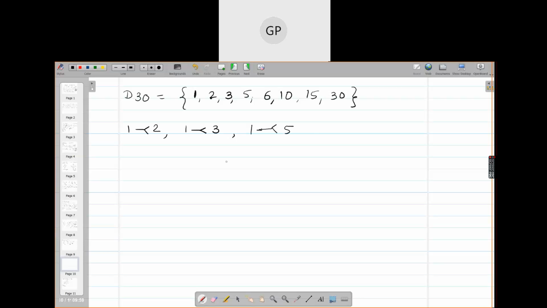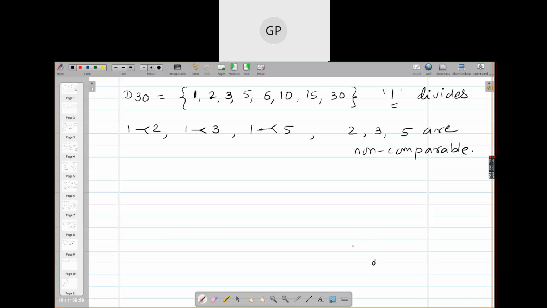What is the relation among 2, 3 and 5? Are they related to each other under the divides relation? We always define the divides relation when I say Dn. 2 does not divide 3, 2 does not divide 5, 3 does not divide 5. So all these three elements are non-comparable to each other, and they should be kept at the same level.